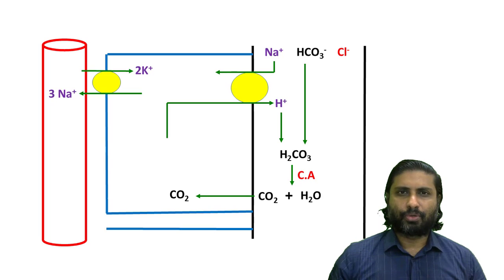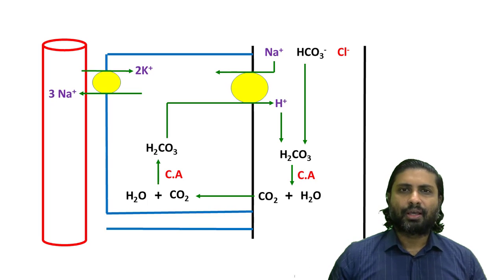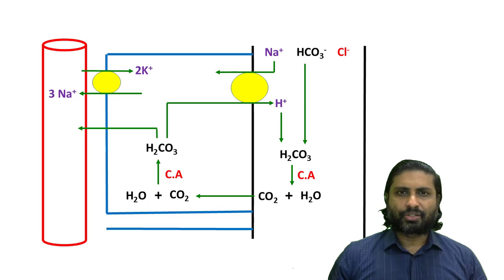Now, all cells contain water, and therefore carbon dioxide will combine with this water and form, or rather reform, carbonic acid in the presence of cellular carbonic anhydrase enzyme. The carbonic acid then splits up into H+ ions, the fate of which we just discussed, and bicarbonate ions. The bicarbonate ions move in the opposite direction from the cell to the capillaries via the basolateral aspect. So in this way, the second ion, namely bicarbonate, is also reabsorbed from the proximal convoluted tubule.